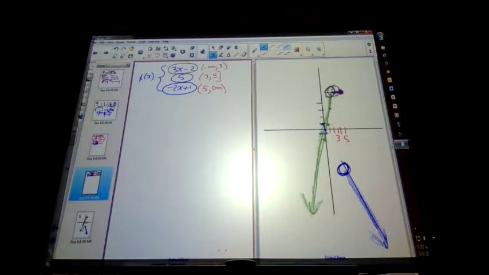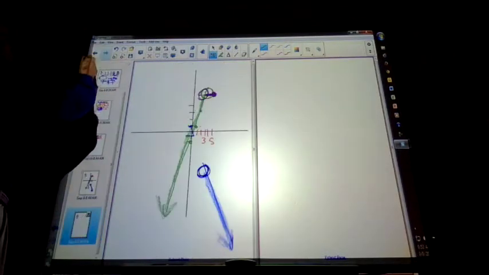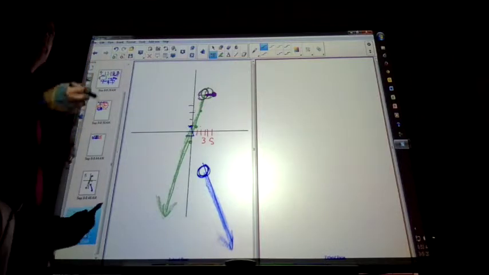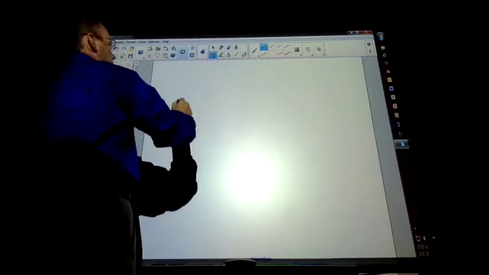One last thing I want to show you that doesn't include piecewise. It is a piecewise, but what it's going to do is, let's say we had this.